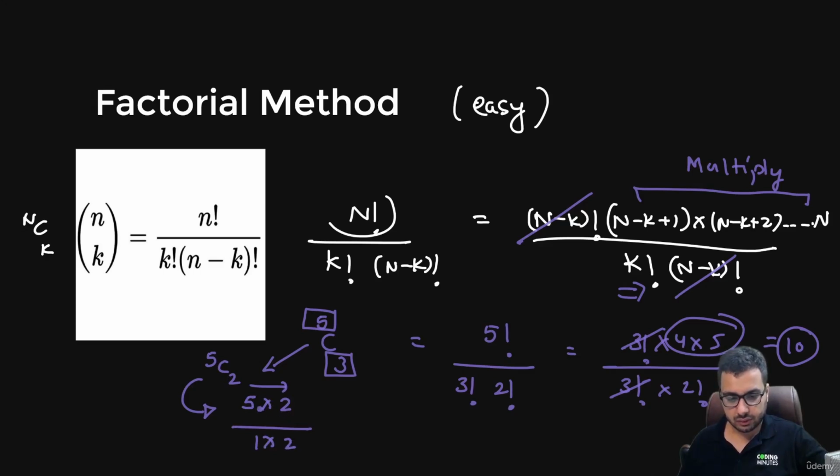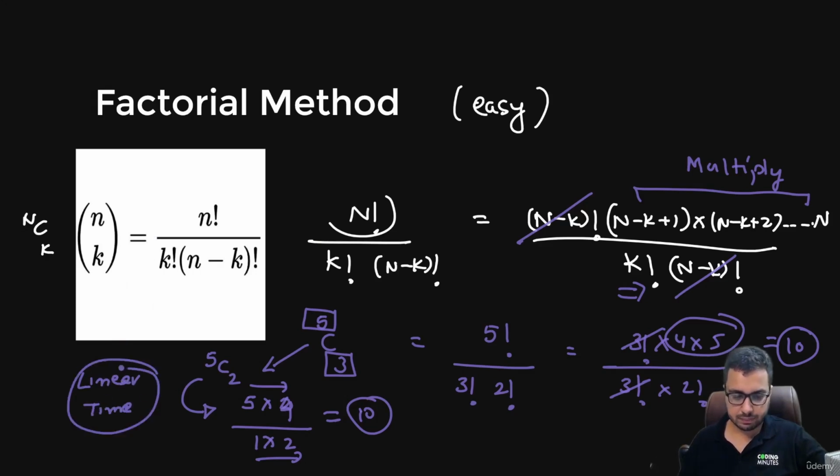So 5 into 4 divided by 1 into 2, decreasing order in the numerator and increasing order in the denominator. Directly you get this expression, which is 10. So this is one way of computing binomial coefficients, and it takes linear time in the worst case that we have seen.